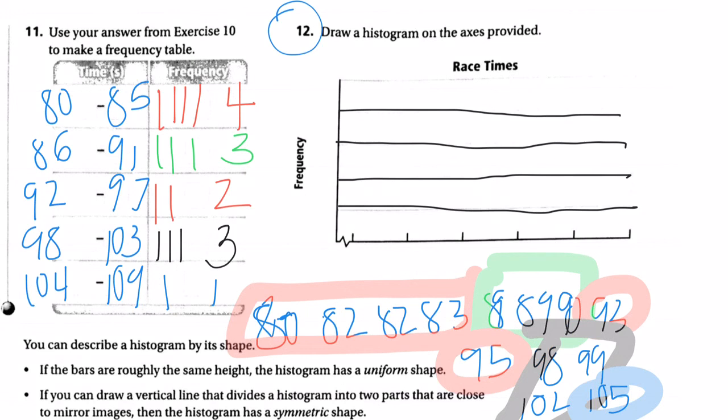So the frequency over here, 1, 2, 3, 4, 5, and then down here along the x-axis, the horizontal axis, is where we write our intervals.